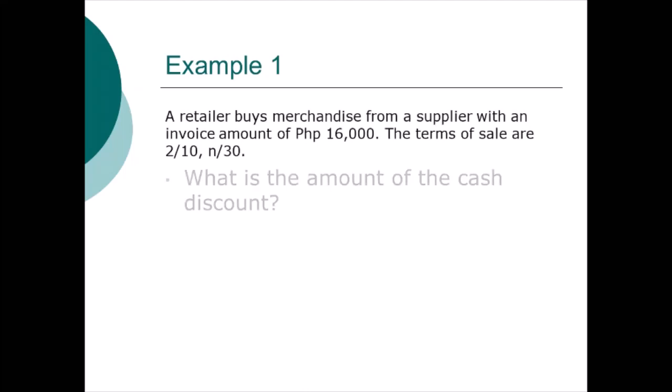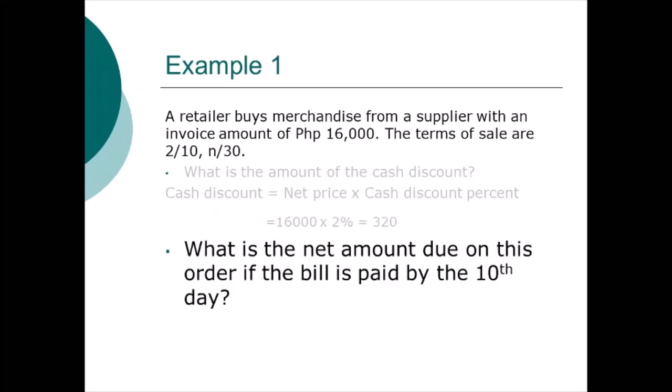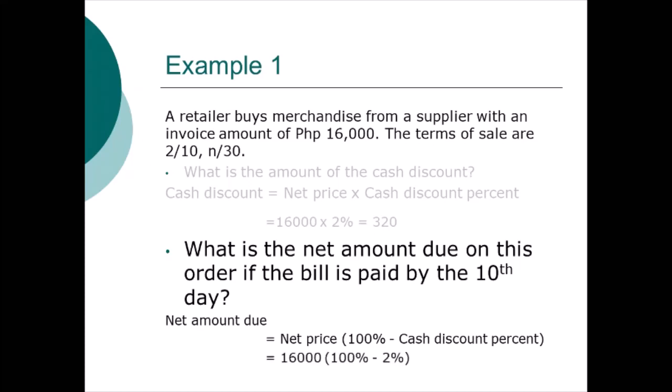Let's have the first question. The cash discount is net price times cash discount percent. 16,000 times 2% is 320 pesos. What is the net amount due on this order if the bill is paid by the 10th day? The net amount due is the net price, 16,000, times the difference of the percents.